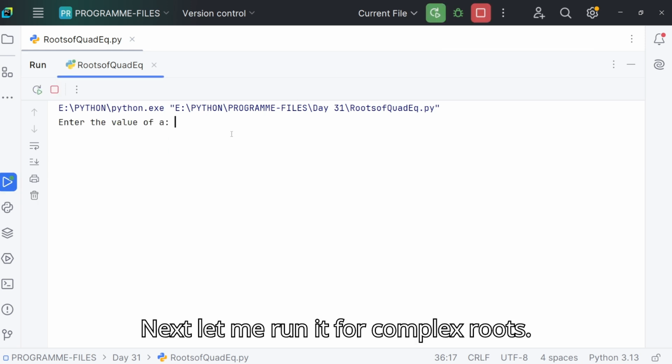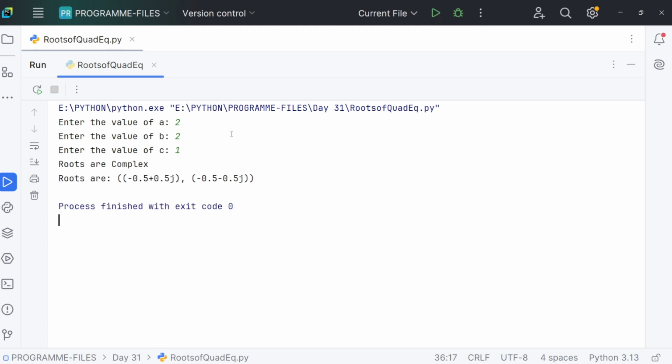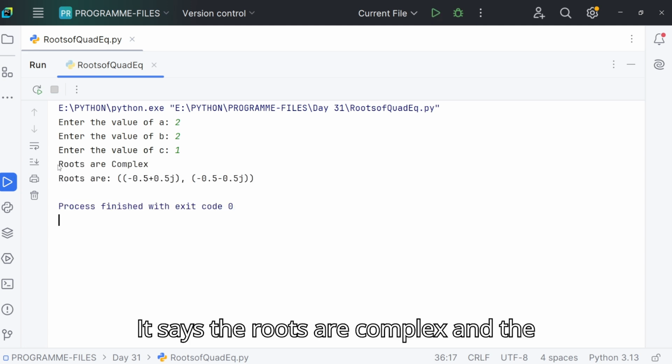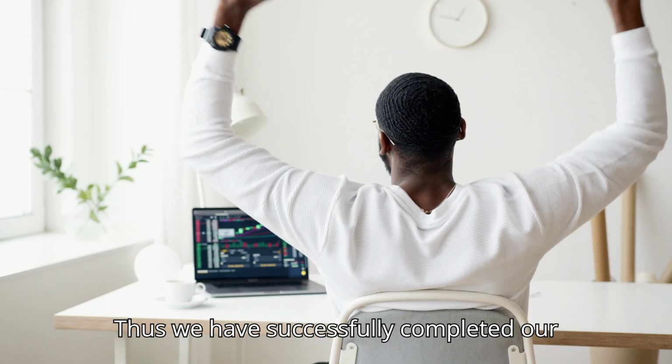Next, let me run it for complex roots. It says the roots are complex and the roots are minus 0.5 plus 0.5j, minus 0.5 minus 0.5j. Thus, we have successfully completed our program.